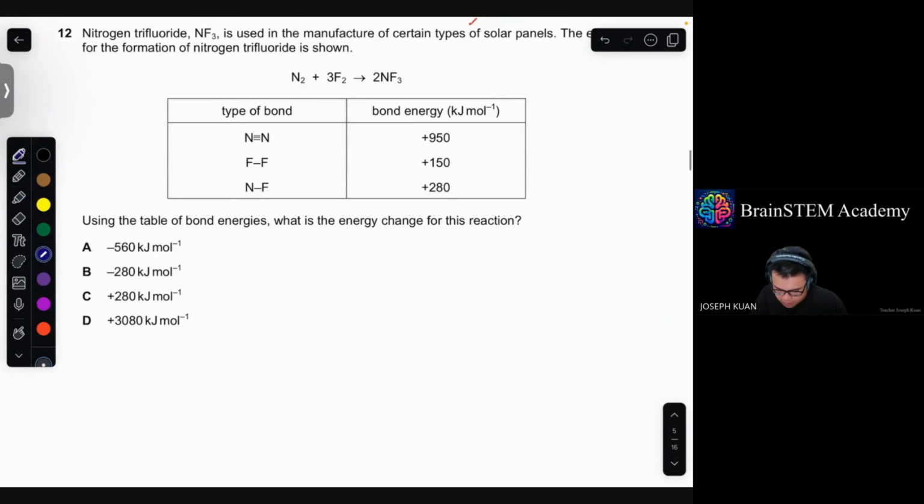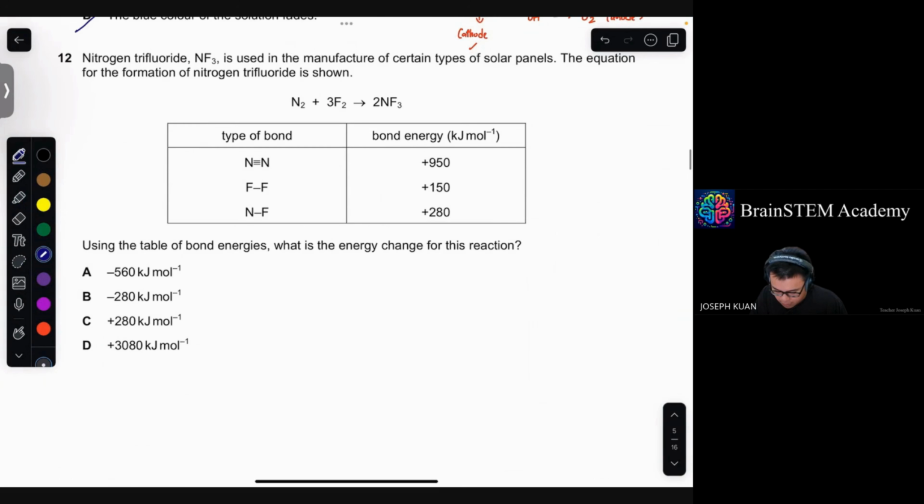Moving on to number 12, nitrogen trifluoride NF3 is used in the manufacture of certain types of solar panels. The equation for the formation of nitrogen trifluoride is shown. The type of the bond is given, and the bond energy is given as well. Using the table of bond energies, what is the energy change for this reaction? All right.